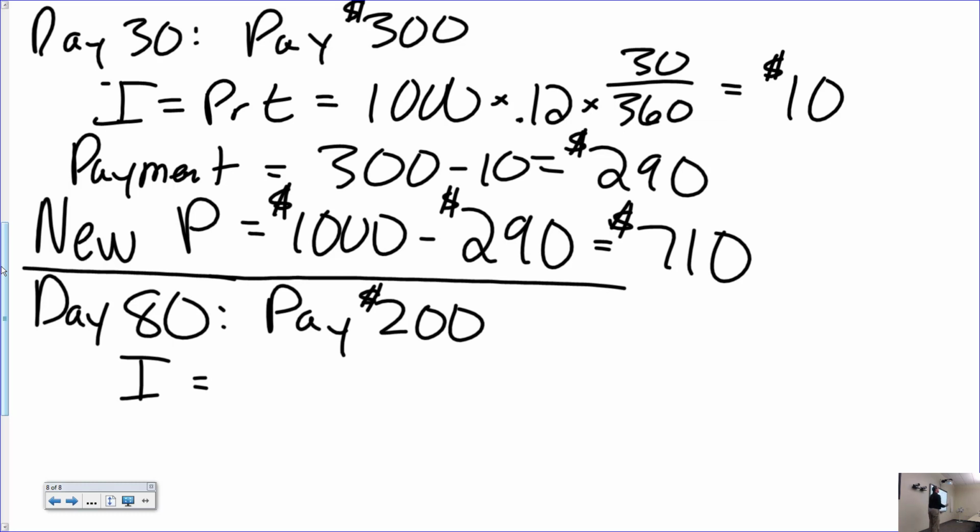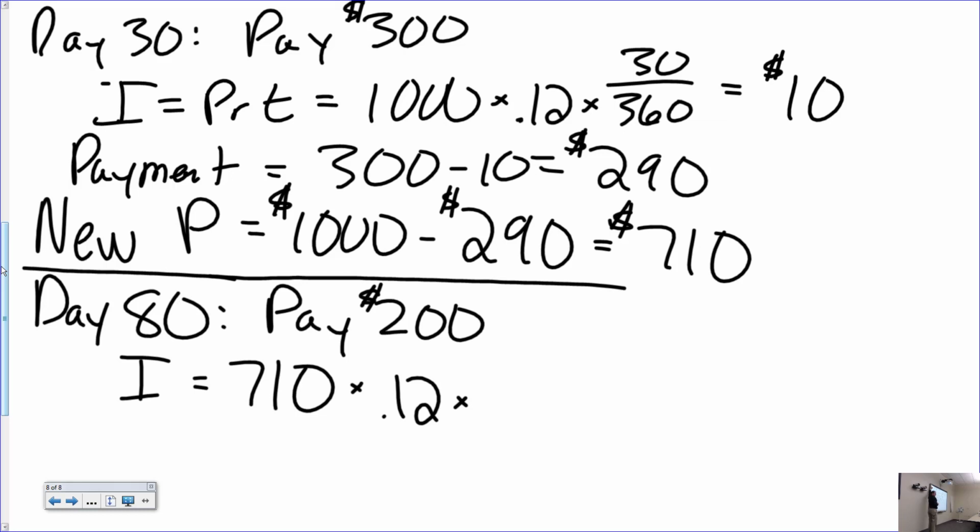PRT. What's P this time, folks? 710. There's the whole point. This is why you pay less interest, because now you're only borrowing $710, not $1,000. What's my rate? 0.12. Still 0.12. And be careful, folks. How many days have I now borrowed this money? Oh, 50. I already paid the first 30 days' worth of interest.